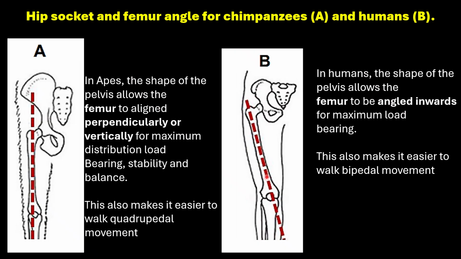What about B? B represents humans. You can actually tell the angular orientation of the femur. In humans, the shape of the pelvis allows the femur to be angled inwards. Why is our femur positioned at an angle?